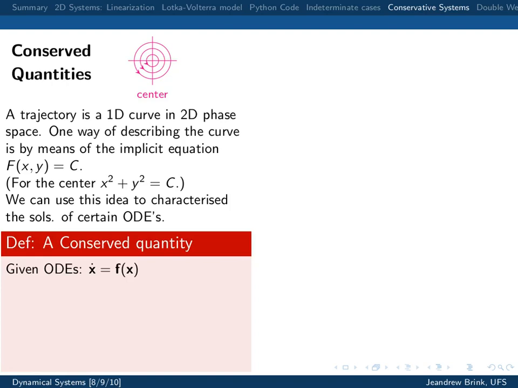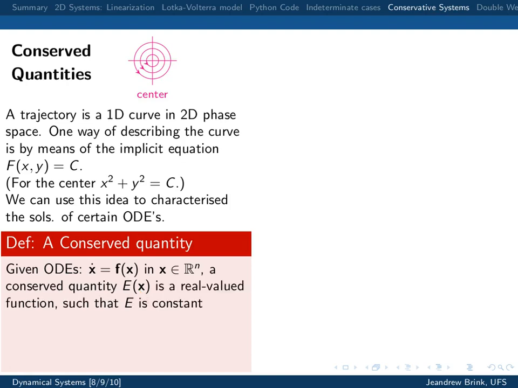Okay, so let's do it rigorously. I'm going to define it for all dimensions. A conserved quantity is a quantity that, given a set of ODEs, so this is general, right? It's an n-dimensional vector x dot equals n functions f of x. If you have that equation, and x is in R^n, then a conserved quantity E of x is simply defined as a real valued function such that E is constant along the trajectories.